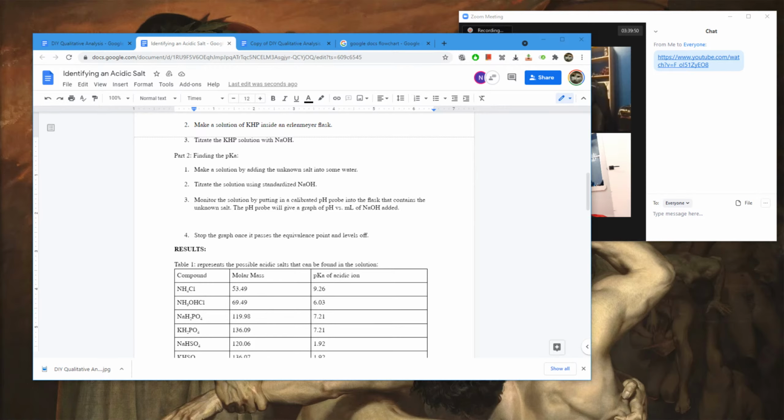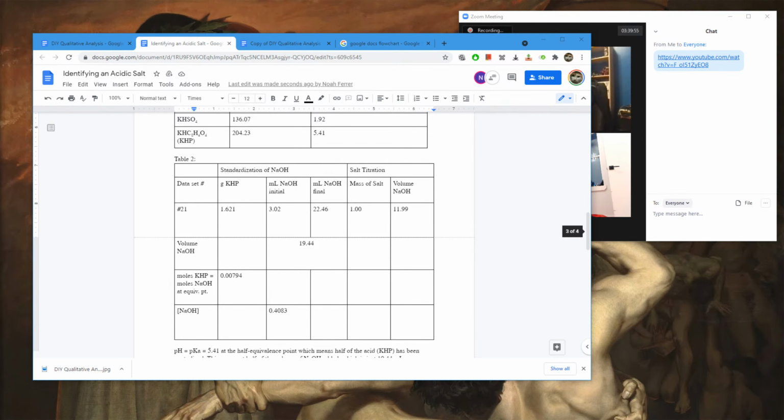Reiterate your results, possible sources of error. Okay, so the results of the experiment were the 5.41 pH, and then the 204.08 grams per mole, which led us to our acidic salt being KHP. Yeah, pretty much. So it shouldn't be a really long discussion.